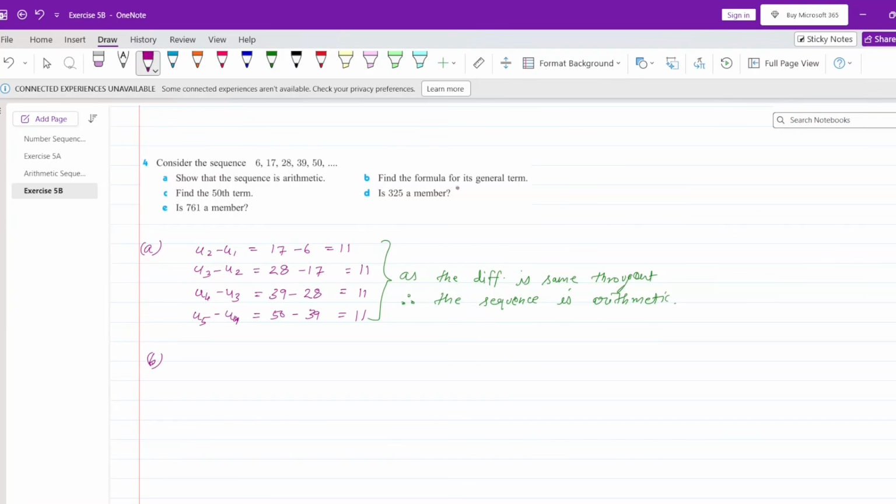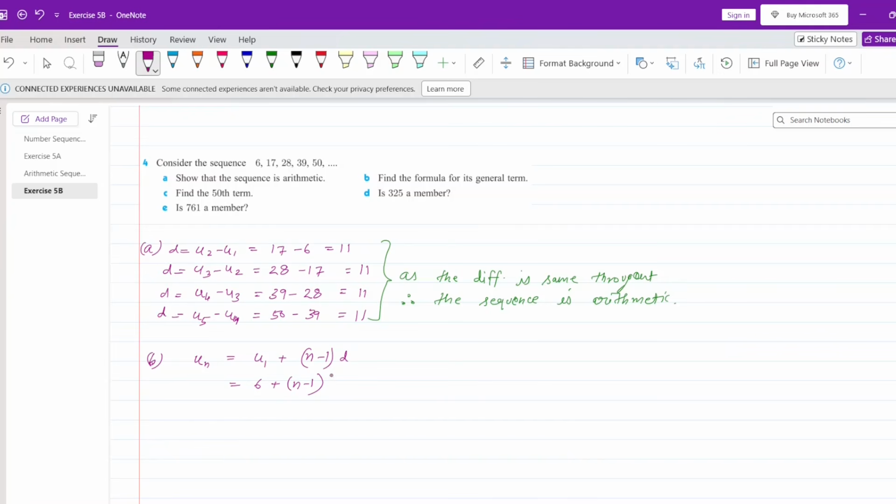B. Find the formula for its general term. So un is going to be u1 plus n minus 1 times d. u1 is 6 plus n minus 1 times d. We know what we have calculated here is d.